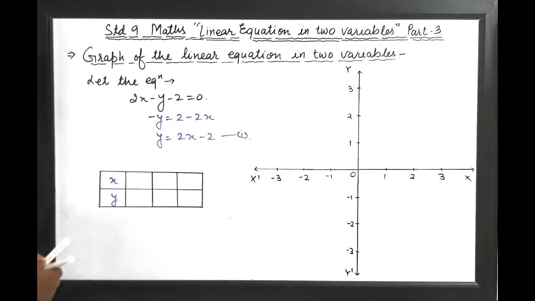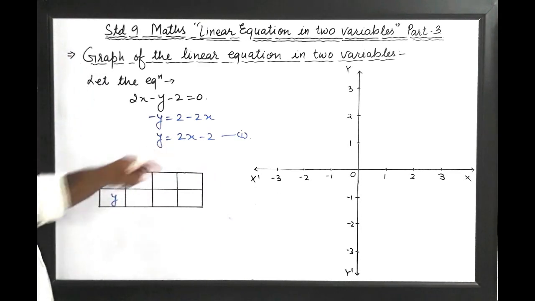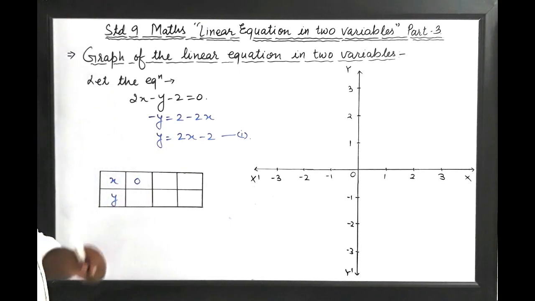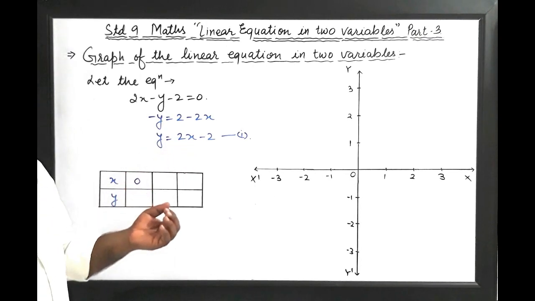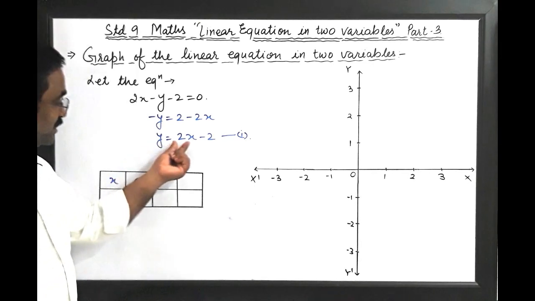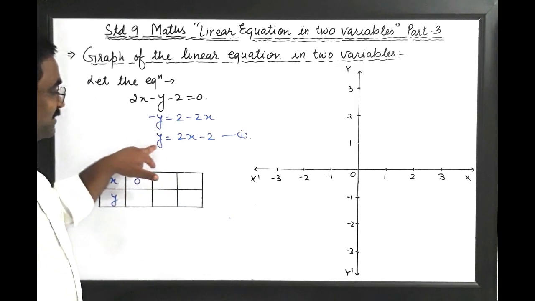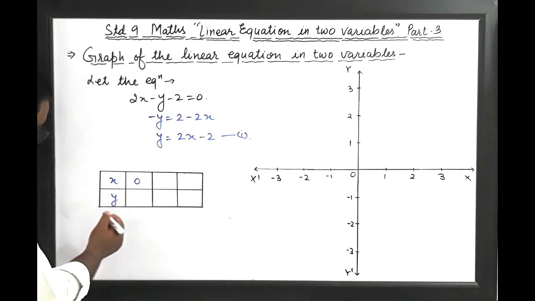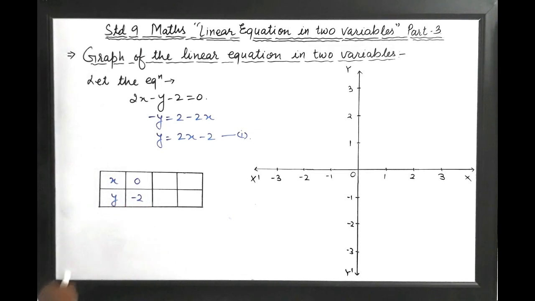So let us suppose that, first of all हमने क्या सपोज किया इसमें, सपोज x is equals to 0, हमने x की वैल्यू 0 सपोज किया. Okay, as we have taken x is equals to 0, then let us see what will be the value of y. So 2 into 0 is equals to 0, so therefore y is equals to minus 2 will be the value of y. So हम क्या करते हैं, at the place of y we have to write minus 2.